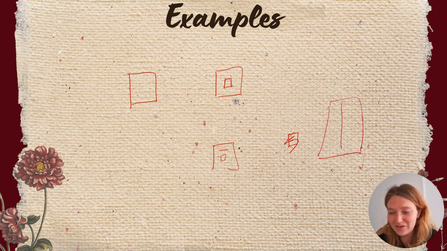Okay, this one has 2 elements, okay? So the first element is sun. So we draw a box, we finish what's inside before closing, and then the second bit of it, we go left to right, and then we finish what's inside. We don't have to close this one, okay? So that's how you write Ming, which is bright.